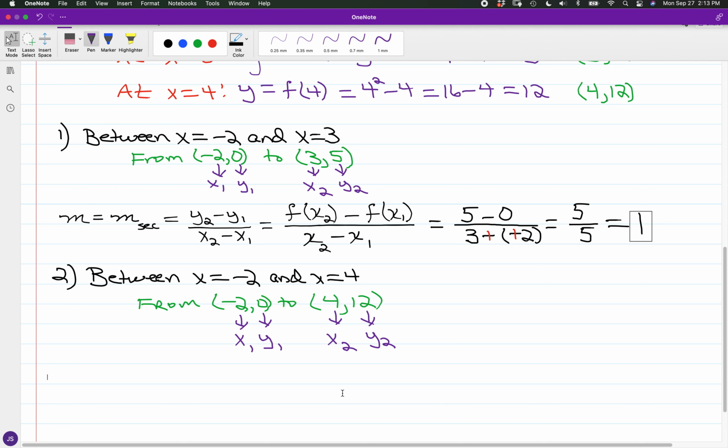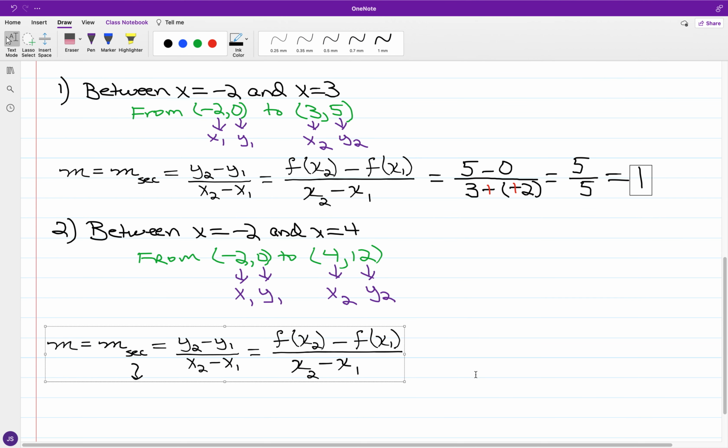And just reapplying what we have for the average rate of change formula, which is the slope formula in effect. And so for the change in y, you've got your f of x of 2 or y of 2, that is going to be at 12. And you've got minus f of x of 1, which again is in reference to y of 1, so again that is going to be at 0. And for the change in x, you have x of 2 at 4, minus x of 1, which again is going to be at -2.